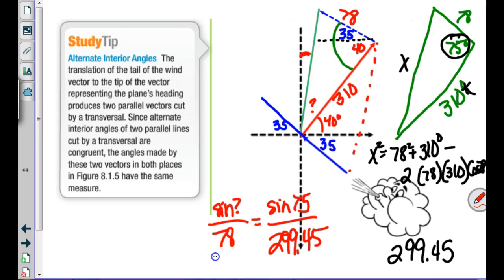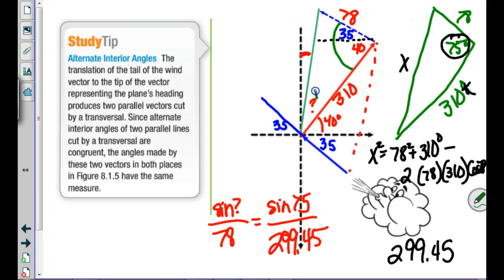Do you remember how to do that? Cross multiply and divide. 78 sine of 75 divided by 299.45, and then you would do inverse sine to get the angle.